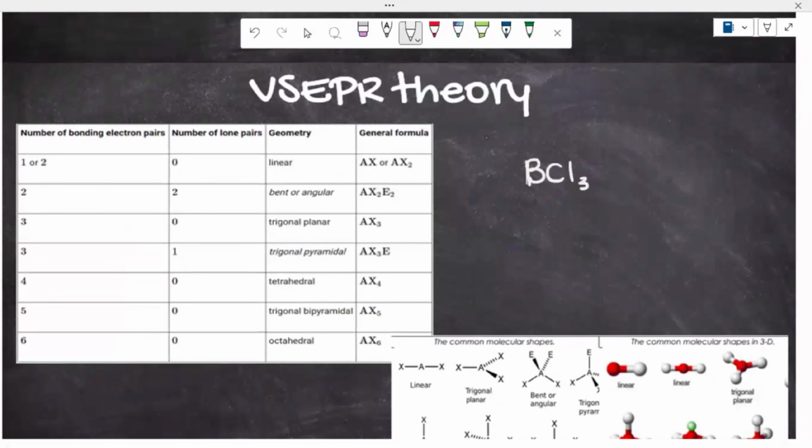They asked us about BCl3, right? We can do the Lewis diagram to assess if there are any lone pairs, or we can simply take a look at our general formulas over here. So in terms of its shape, what shape would our BCl3 be?